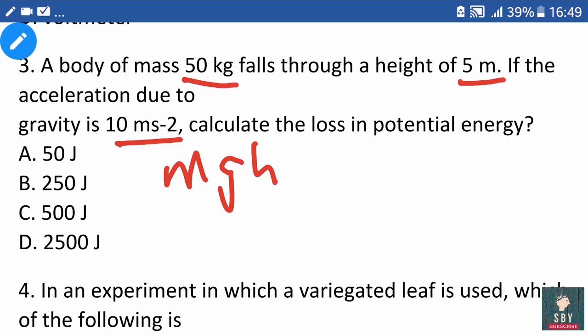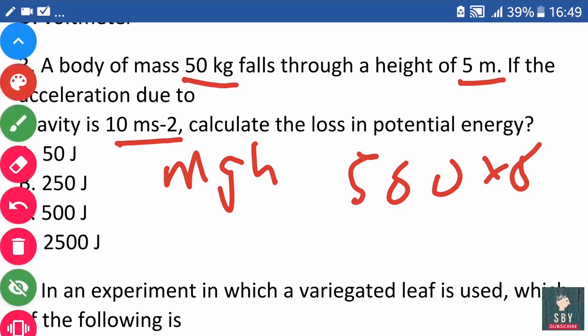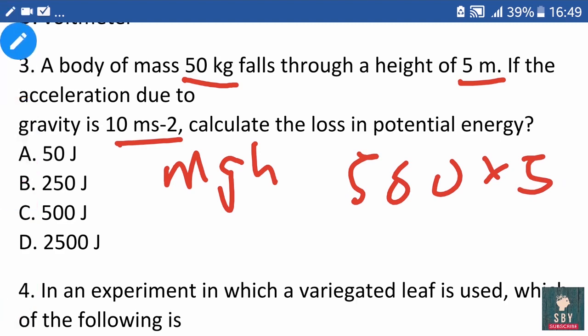So you are supposed to multiply 50 by 5 by 10. So 50 by 10 is giving us 500. 500 times 5 is going to give us 2,500. So 2,500 joule. So our answer is D. That's number 3.